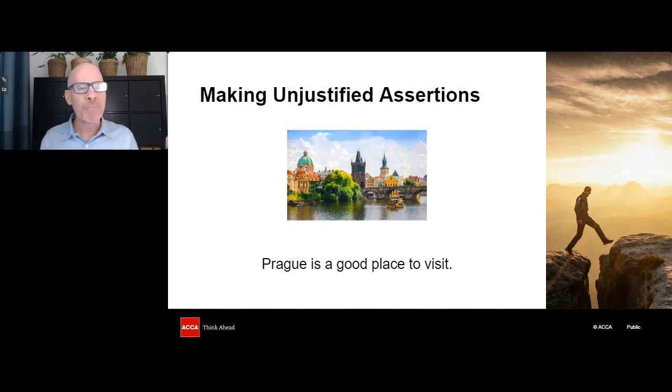But team, that would not earn a mark in APM, okay? If I was evaluating tourism destinations in Central Europe, what is the problem? It is an unsupported assertion. I did not say why it's a nice place to visit.